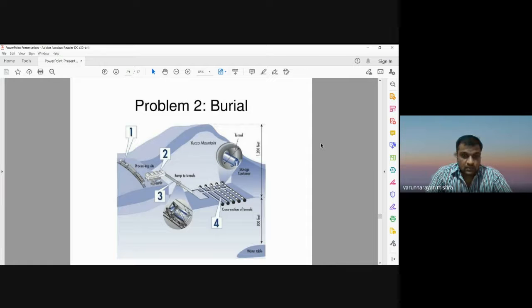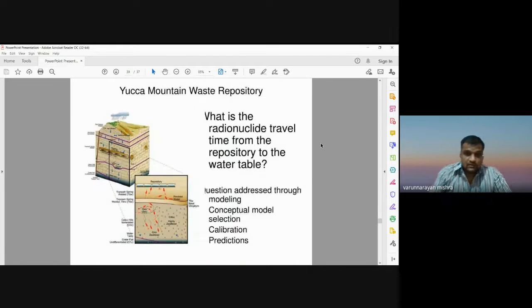Okay, so these are the disposal sites that were identified on the basis of a decision support system to dispose of radioactive materials. These locations were identified on the basis of the decision support system, and that was used to make a proper decision in the disposal of these radioactive materials.